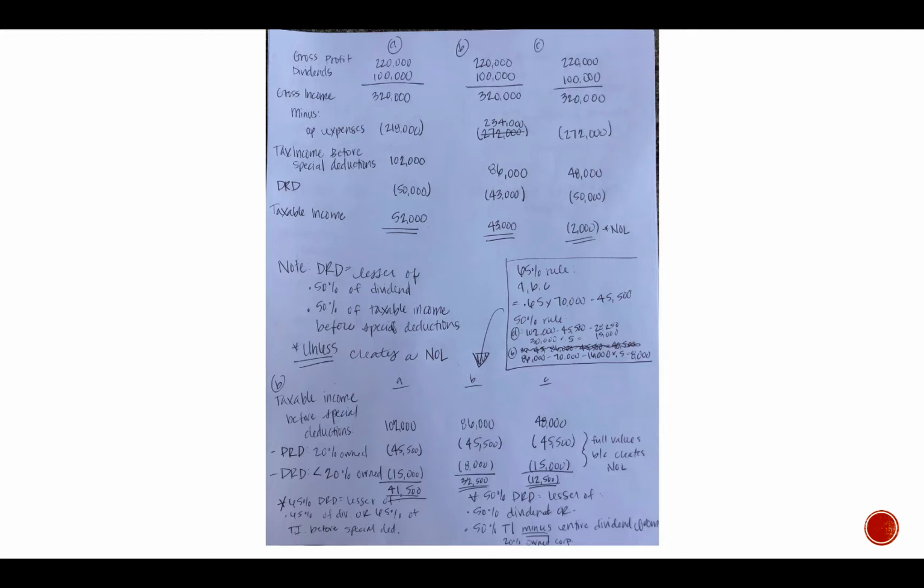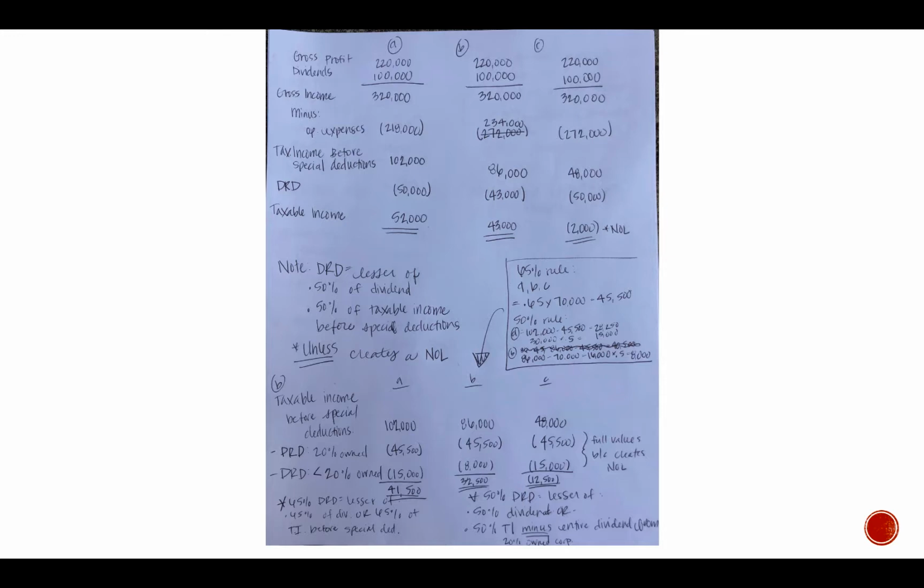Okay, so first we're going to do the dividends received deduction for the stock that's 20% owned. Remember, we received a dividend of $70,000 from the stock that is 20% owned. When we apply the limits here, our limit would be either half the dividend, or excuse me, not half, because this is 20% owned.